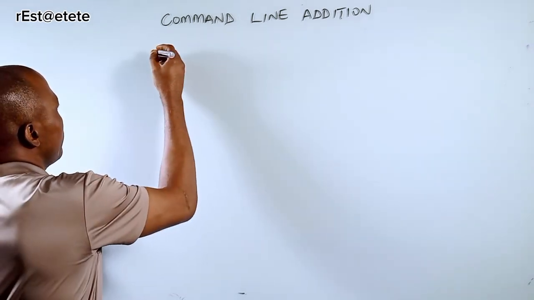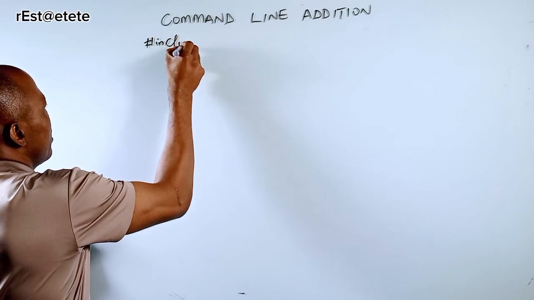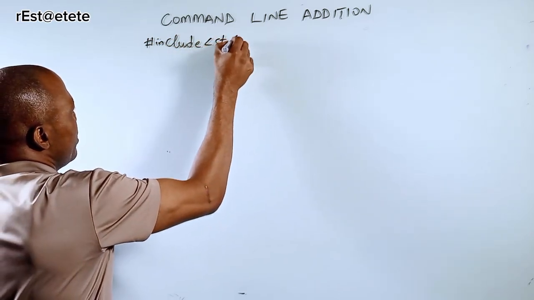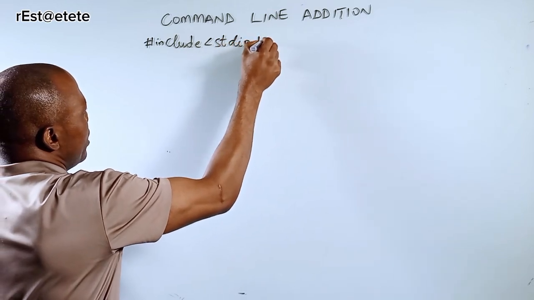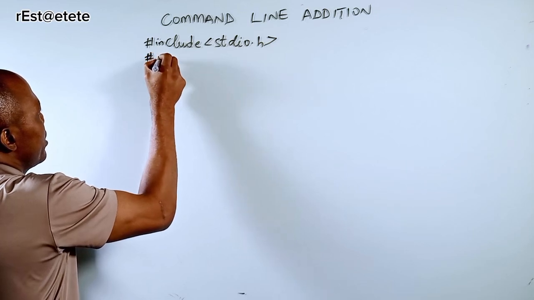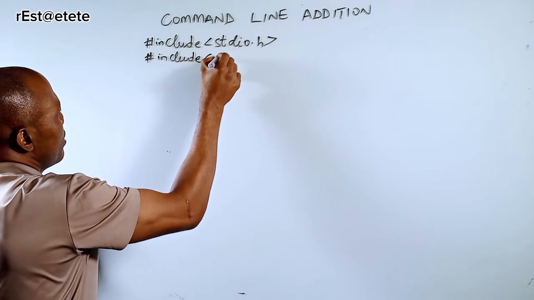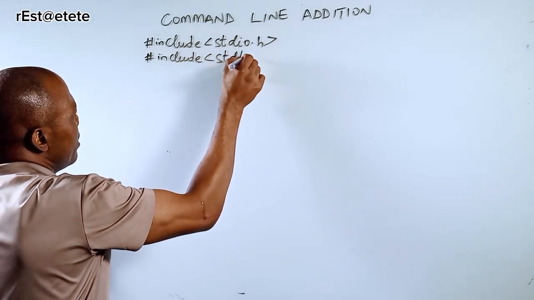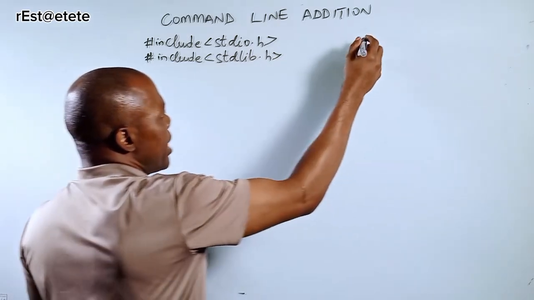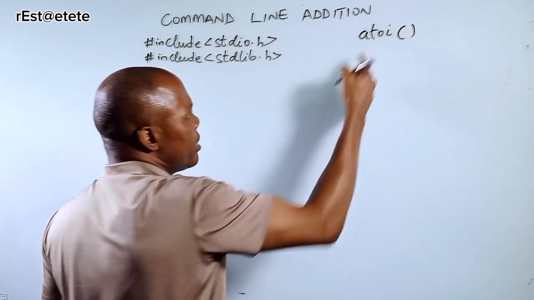So here I will say include stdio.h. Then I will also call another library, include stdlib.h. From this one, I need a function, atoi.